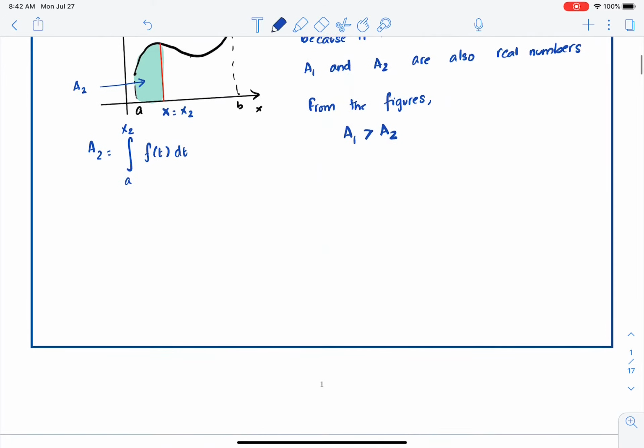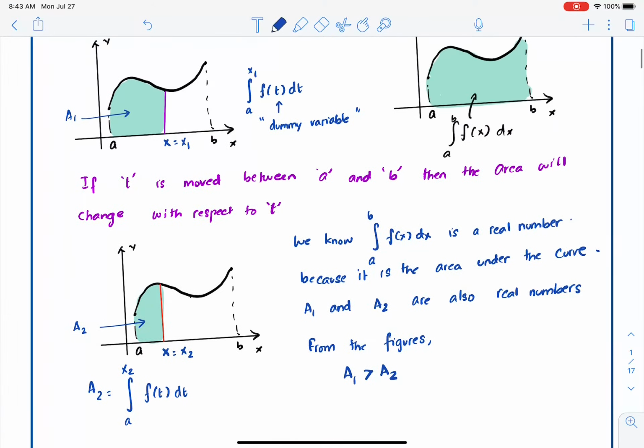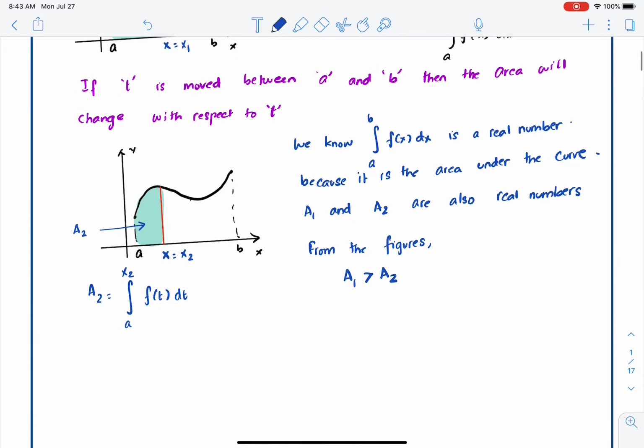So what does the first fundamental theorem of calculus state? Now, if I keep on moving this line, the red line and the purple line, back and forth, I'm going to get different values for the area.